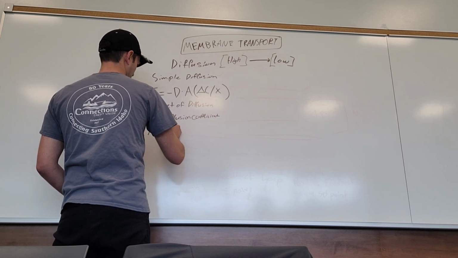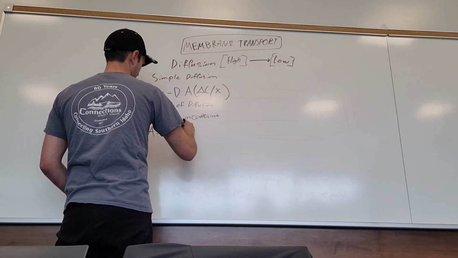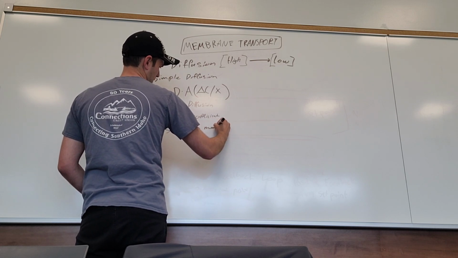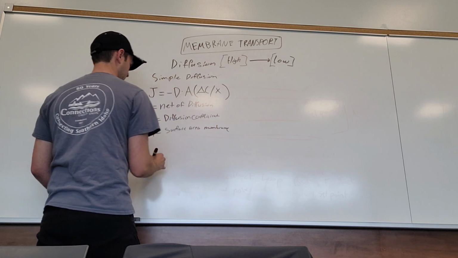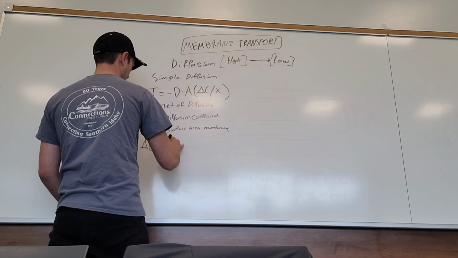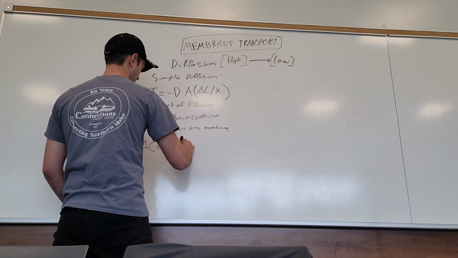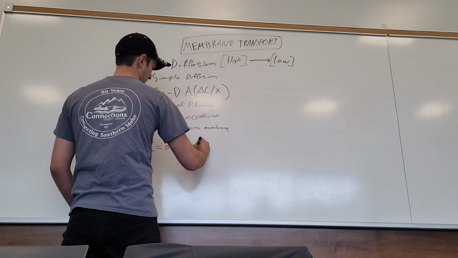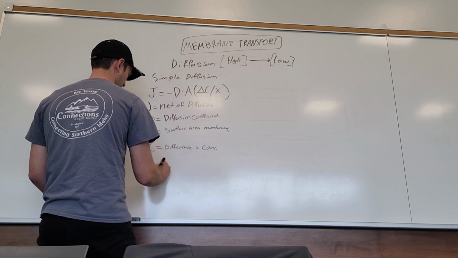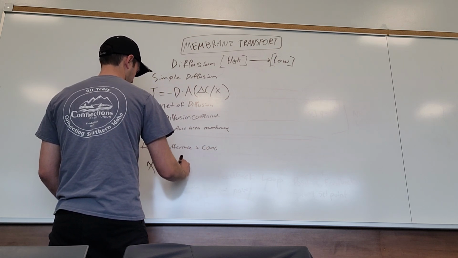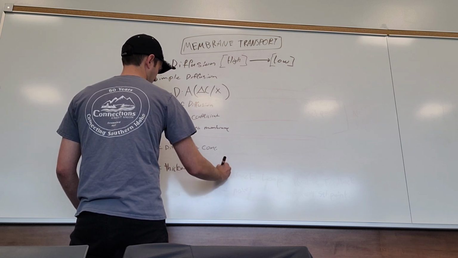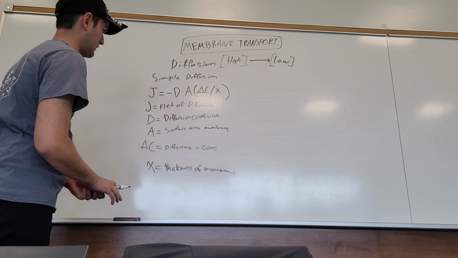Our A, that's going to be the surface area of our membrane. Then our delta C, that's going to be our difference in concentrations. And then our X, that's going to be the thickness of the membrane. Sorry, got a little sloppy there.